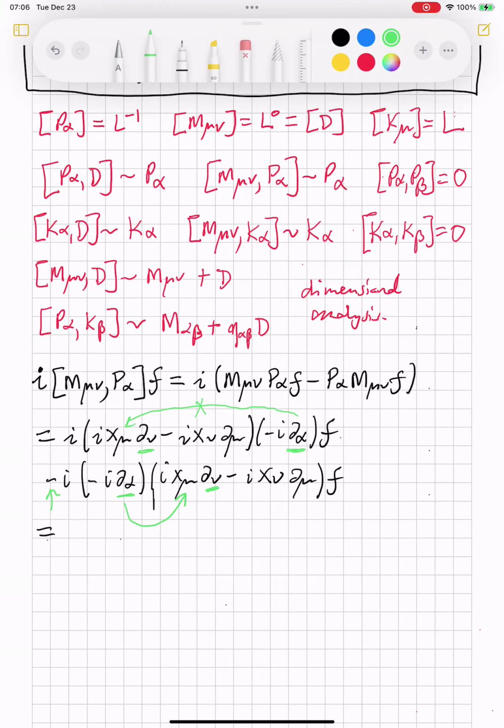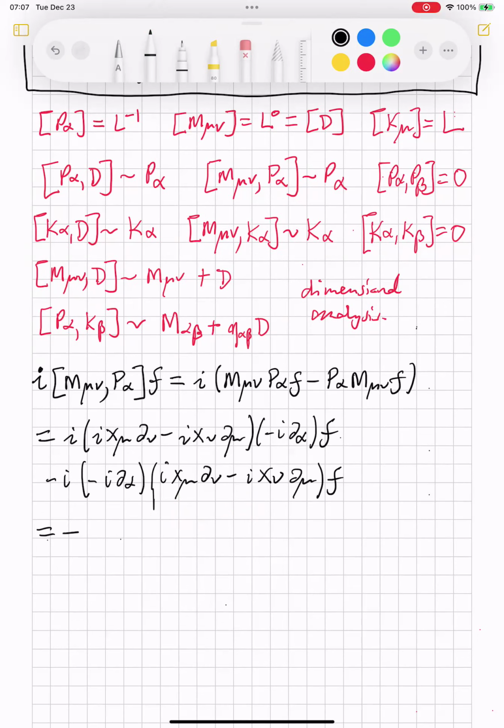Okay, so on your page, why don't you make a note of where all of the contributions to this commutator come from? And then I'll do it in a minute too. Okay, good. I hope you've done it. So all of the contributions to the commutator come either when this d alpha acts on that x mu, or the d alpha acts on that x nu. And those are the only terms that contribute. So let's write those down, okay? So the minus i times the minus i is a minus.